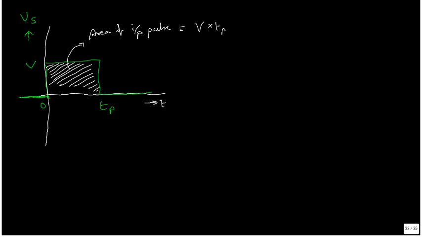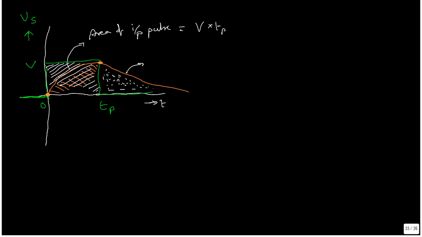This is an arbitrary waveform which I am drawing. So this is the area of the output waveform during 0 to Tp and during t greater than Tp. So the output waveform has two different areas. One is within 0 to Tp and the other is t greater than Tp.